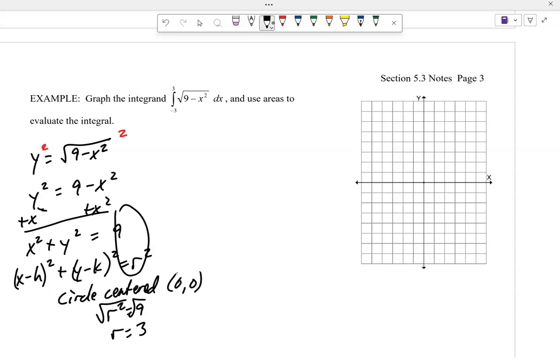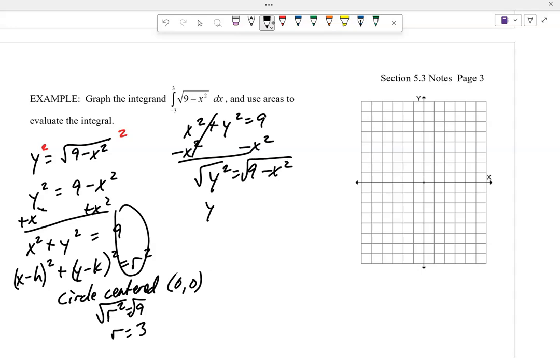But remember, it's not the whole circle. It's actually plus or minus. It's only the top one, right? We only wanted the square root, the top of this circle, right?